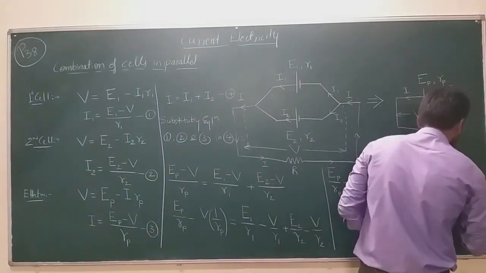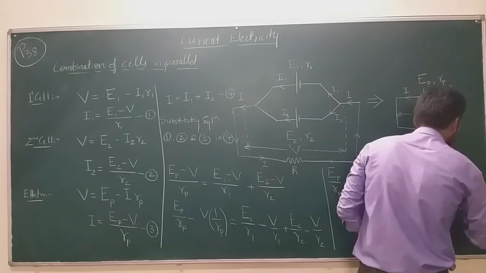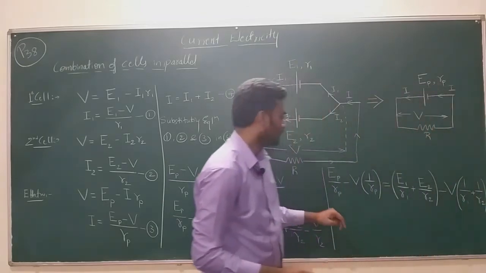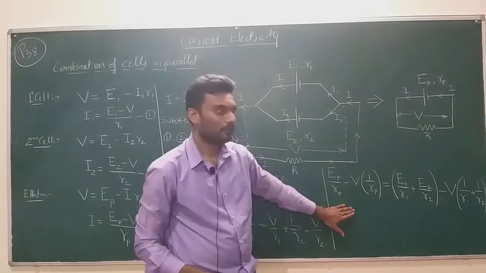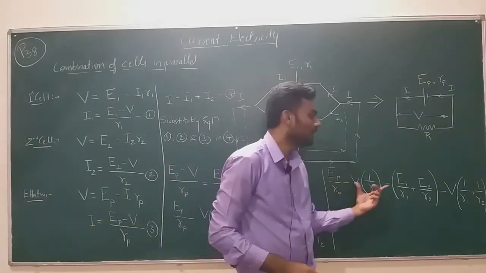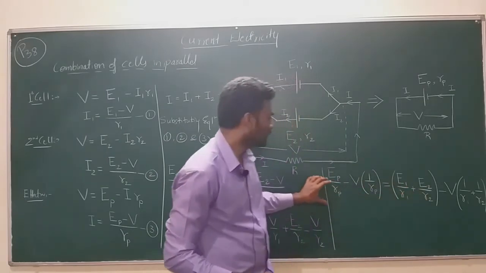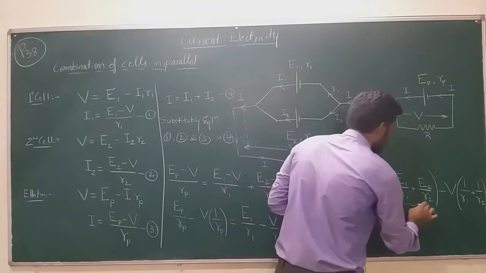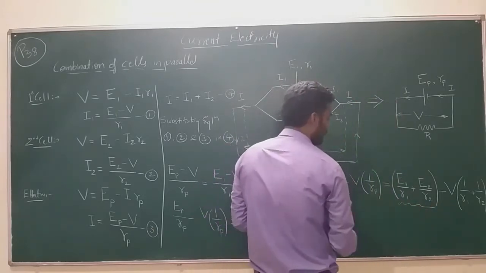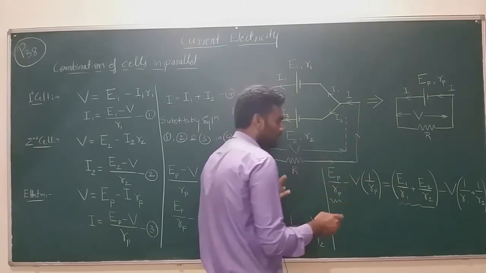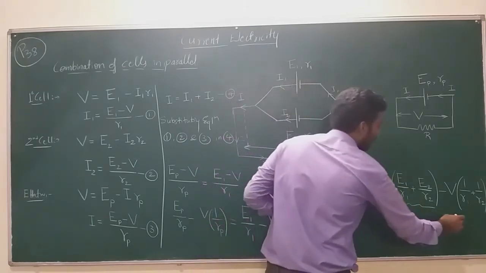So I will be left with 1 by R1 plus 1 by R2. Here is the equation where we have a similar format in both LHS and RHS, and hence by comparing I can write, see these two terms are equivalent, I can simply consider them as equal, and that's it.